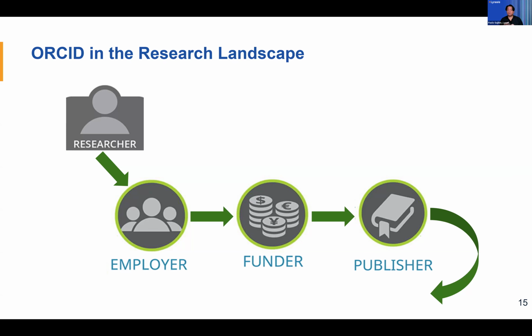And you're also using your ORCID ID and your ORCID record with a publisher to have all of your articles added to your ORCID record. So as a researcher, you're going to be faced with having an ORCID ID throughout this life cycle. And we're going to go through that here today as well, especially when we're looking at the benefits of ORCID.